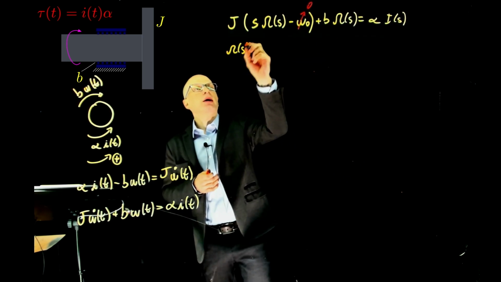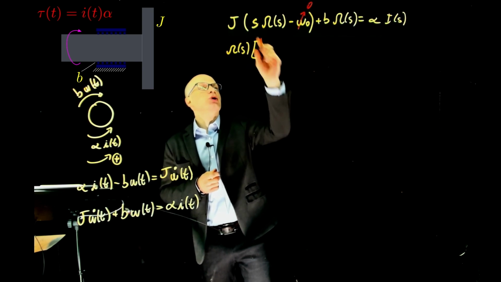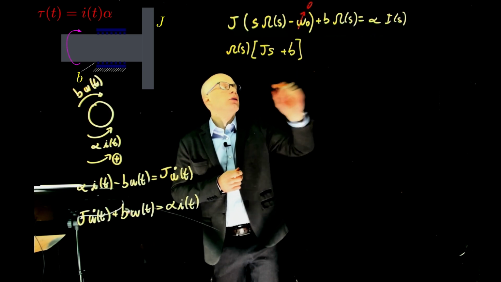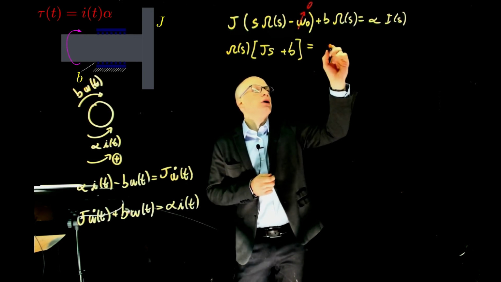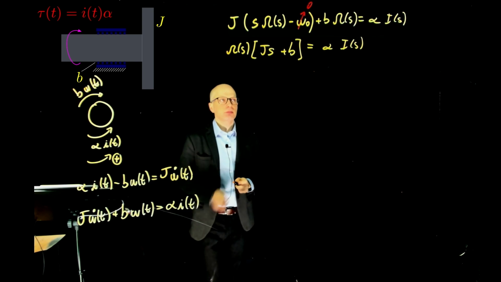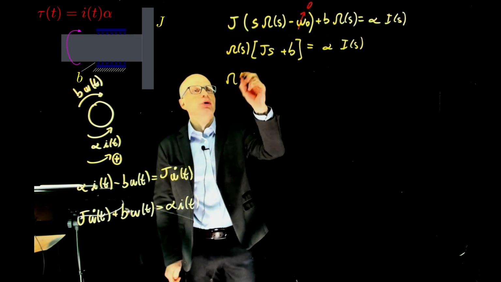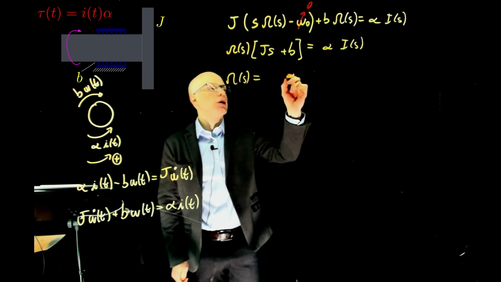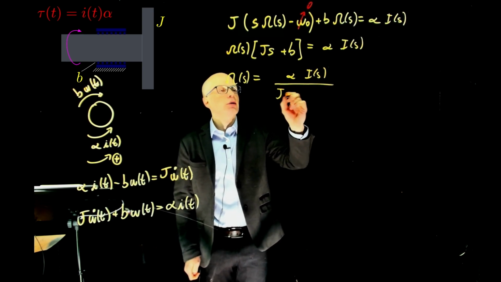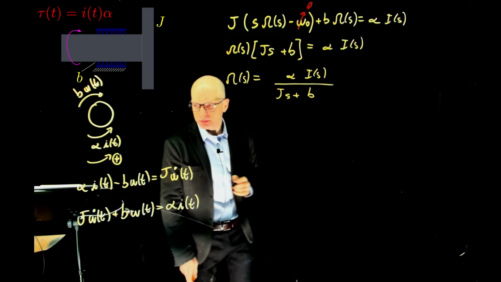That would be omega of s times Js plus b. And on the other side of the equation, we simply have alpha I of s. You can now create an expression for the speed, which is alpha times I of s divided by Js plus b.